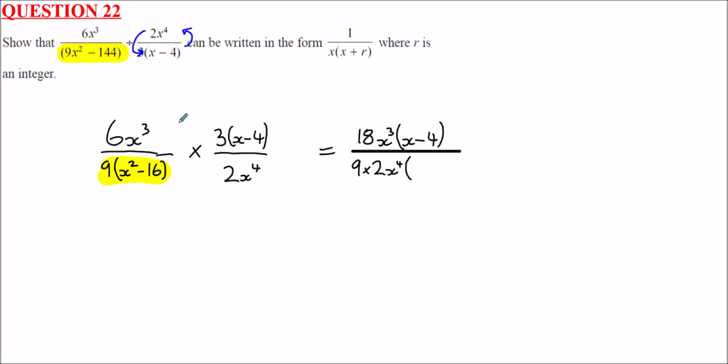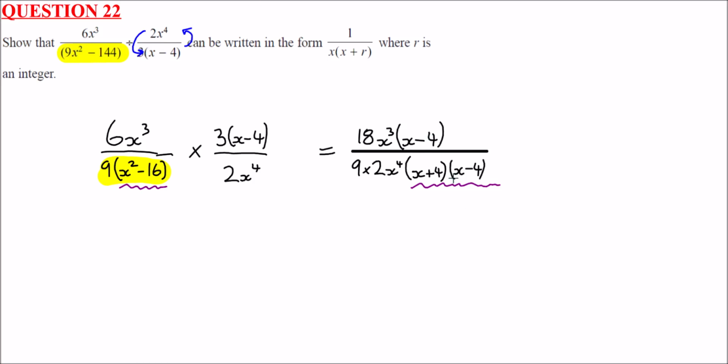And then this x squared minus 16, that's actually a difference of 2 squares. X squared square rooted is x, 16 square rooted is 4. So I can replace this with x plus 4, x minus 4. I need that fraction to be slightly longer now. There we go. So we can now simplify an awful lot of this.